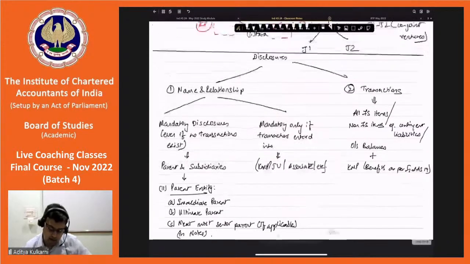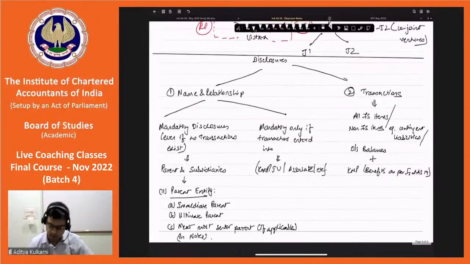So these are your disclosures. Just copy this. Who is my next most senior parent? I will explain that after you write this down.